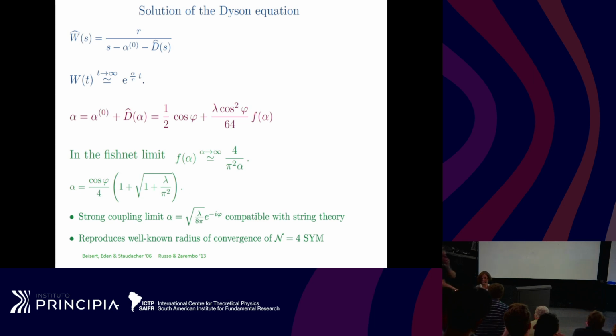I don't know if the answer is known. Are you asking what the displacement operator looks like? Yeah, that's an interesting question, but you have to take some careful limit, because you have this divergence as 1 over r. But of course, correlation functions of the displacement operator can be computed and so on.